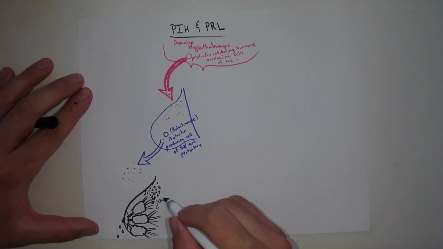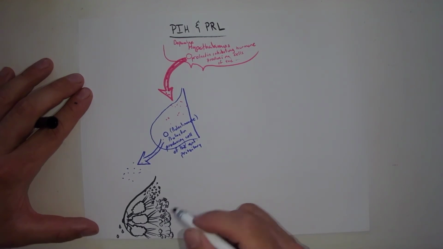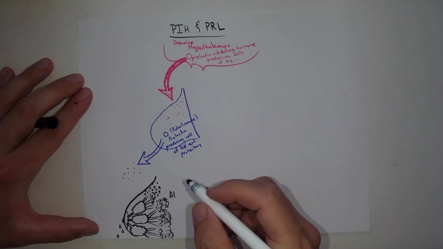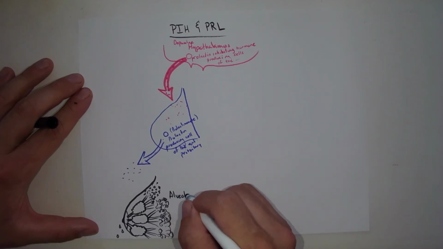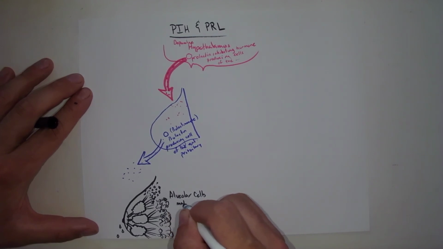So prolactin affects these alveolar cells of the breast tissue that make milk.